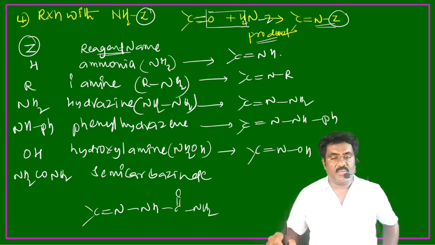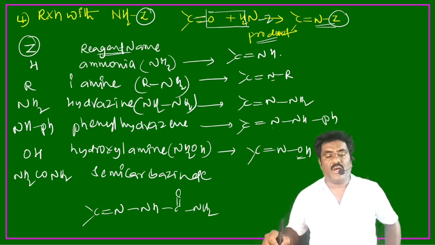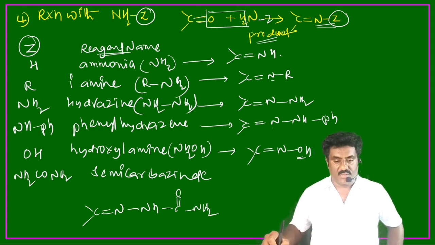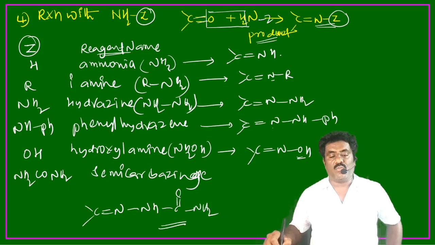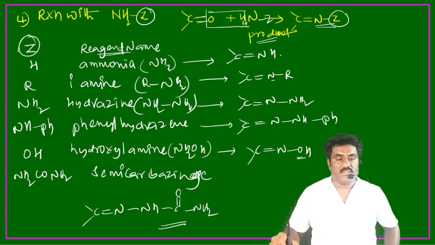If the reagent is a primary amine, it is carbon double bond with NR. The reagent is hydrazine, NH2NH2, giving carbon double bond NNH2. Phenylhydrazine gives phenylhydrazone. Hydroxylamine, NH2OH, gives carbon double bond with NOH. Semicarbazide gives semicarbazone, carbon double bond with NHCONH2. This is the Z term, this is the reagent name, this is the product.